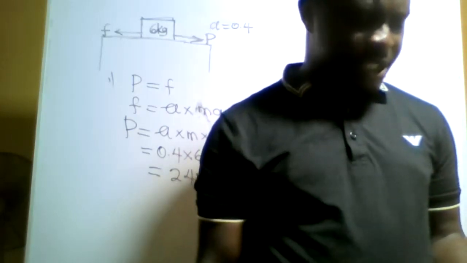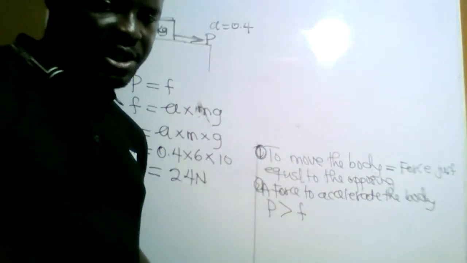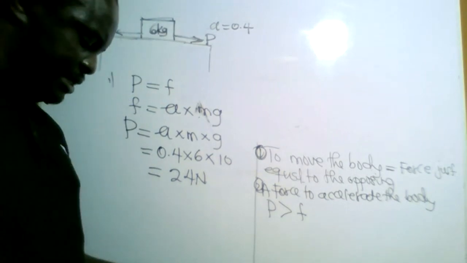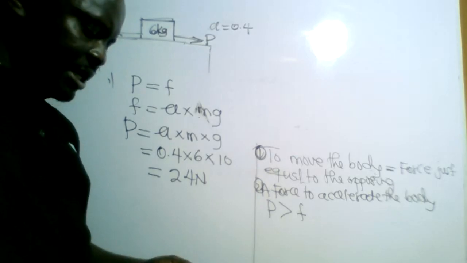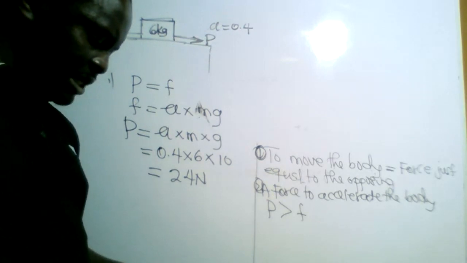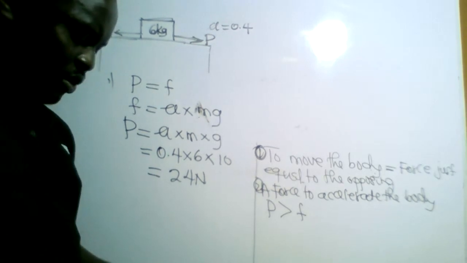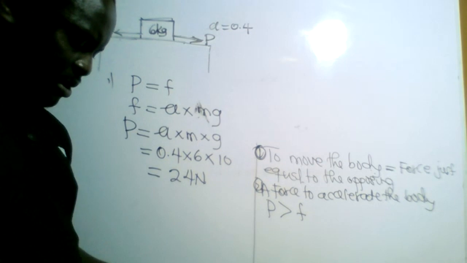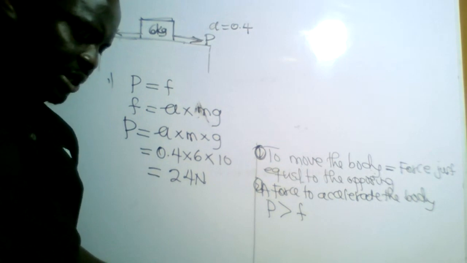If the coefficient of friction is 0.6, find the least force that is needed to cause the body to move.